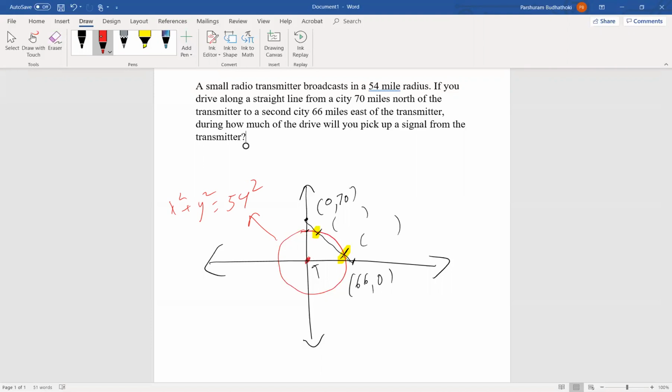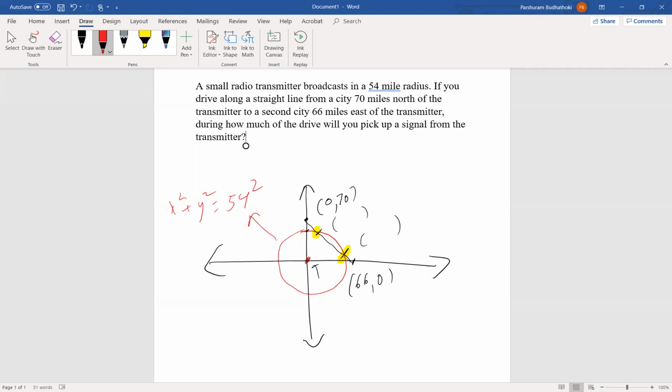And now you can find the equation of the line joining these two points, (0, 70) and (66, 0). Because you know the two points on that line, you can find the slope, and by using that you can find the equation of the line. So I'm going to do that on paper here.